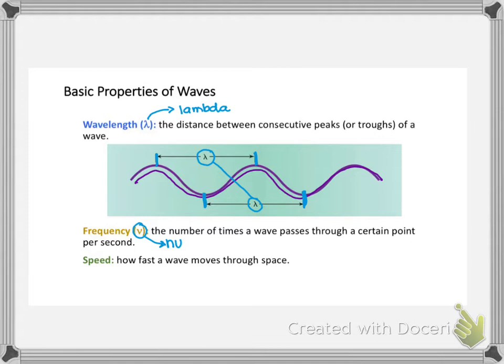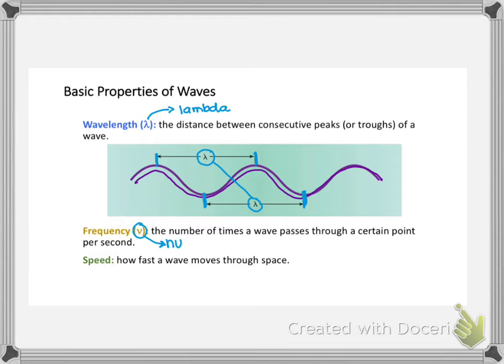Now, what we're going to use most in these is wavelength, because we're going to relate wavelength to energy. Okay, so when we talk about wavelength, we're going to relate it to energy, because that's what we're going to need to think about when it comes to electrons. So properties have wavelength, frequency, and speed.